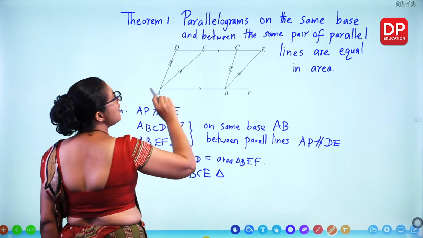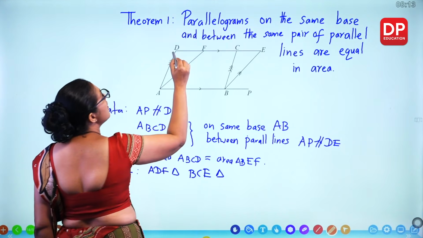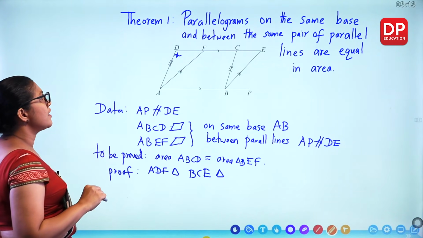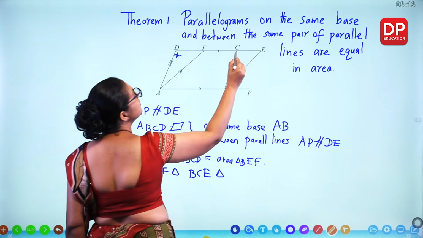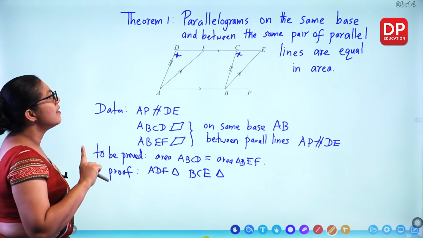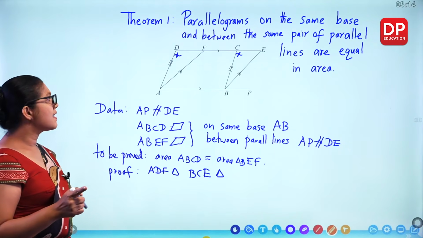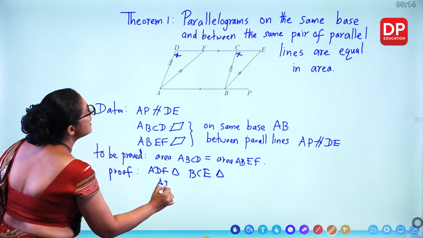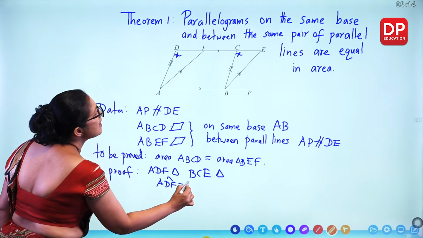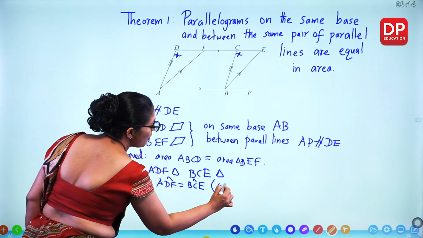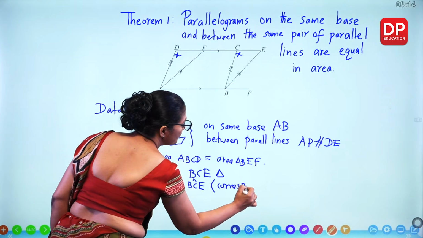These two lines are parallel. If this angle is x, what can you say about this angle? This is also x because corresponding angles are equal. I can write ADF angle is same as BCE angle, corresponding angles.